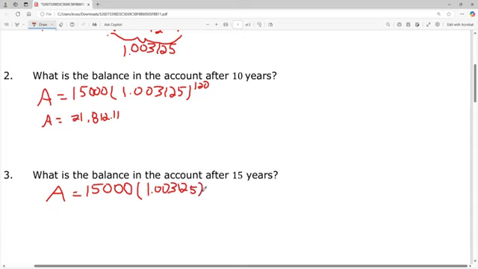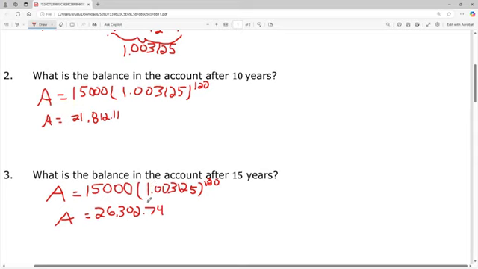Okay, and then instead of 120 months, it's 15 times 12, which is 180 months. So this is going to be equal to $26,302.74. So this is an example of your money making money for you, right?